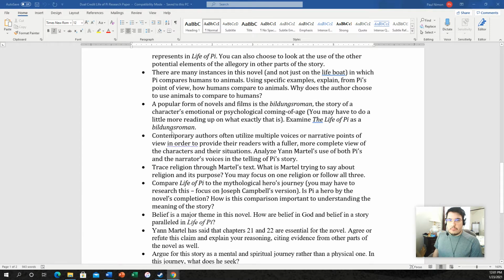is mentioning this term that you may or may not be familiar with. The bildungsroman is basically a coming-of-age story. So Life of Pi, like many other novels that deal with young characters, is a coming-of-age story.